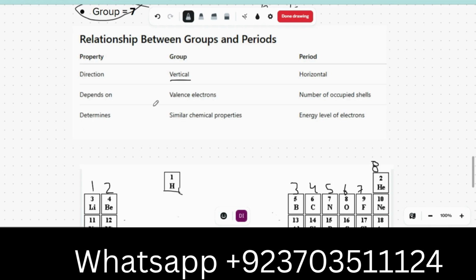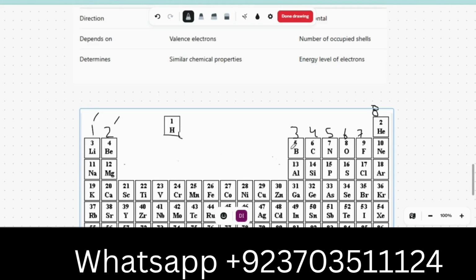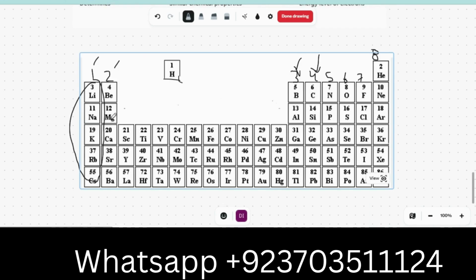It tells us that lithium has one valence electron, barium has two, whereas boron has three valence electrons, and carbon has four valence electrons. And similar chemical properties: all of these group 1 elements have similar properties. They will lose one electron.